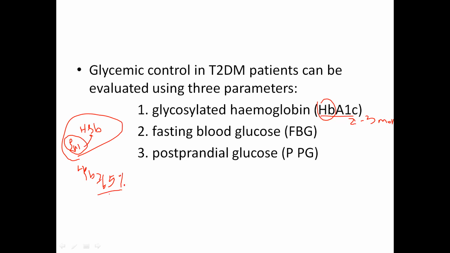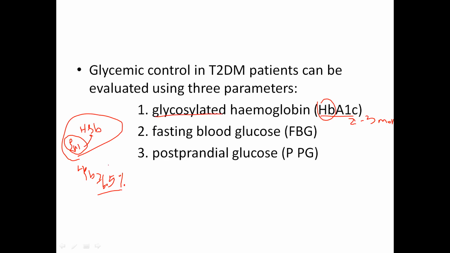So we use the hemoglobin A1C level not only for glycemic control, we can also use it for diagnostic purposes as well. This is very important. The process of glucose attachment to hemoglobin is called glycosylation.